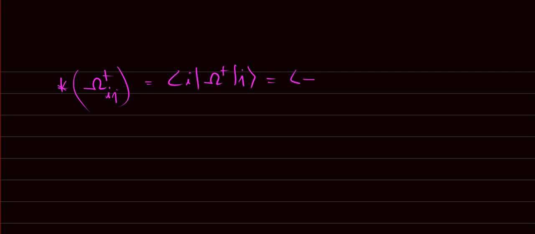So what will be the matrix element of the adjoint of omega? This is by definition given by this. From the definition we can write like this, and from the definition of inner product, we can write it in this way.